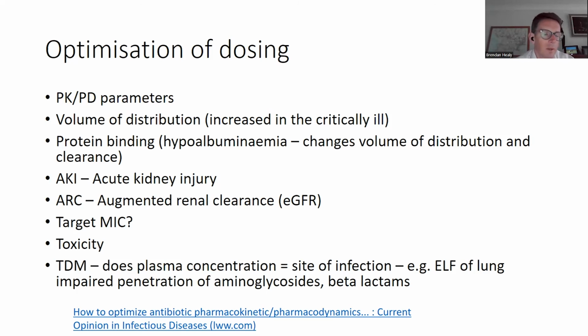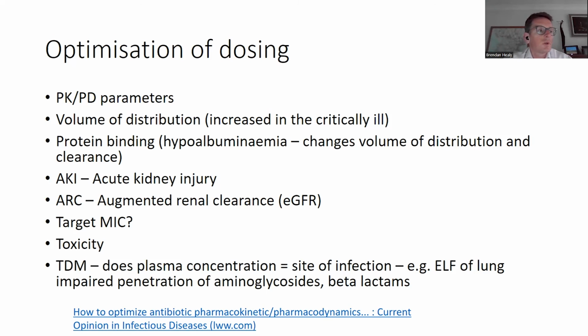Of course, we know that. We've got ways of measuring that. Our ways of measuring it are not perfect, and they can underestimate the level of kidney injury in many settings. But you've also got this situation of augmented renal clearance. So in the critically ill, sometimes renal clearance of any description can be happening in an augmented fashion.